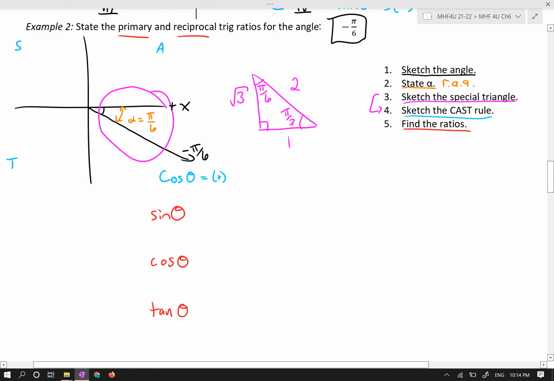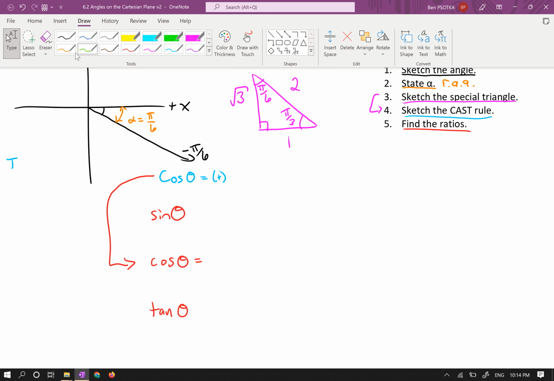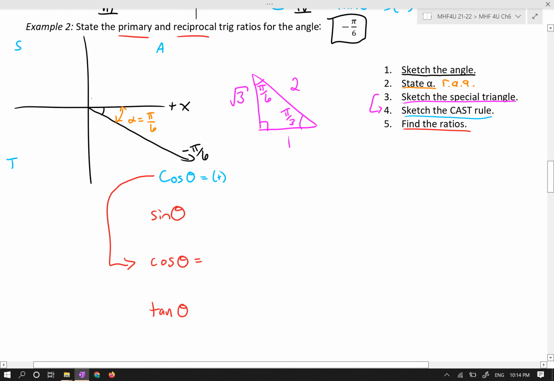So let's work first. We know the cosine ratio is going to be positive here. If it's positive, then this cosine ratio will be the same cosine ratio that we would have found if we were working with a, we'll call it a phantom terminal arm, in quadrant 1.